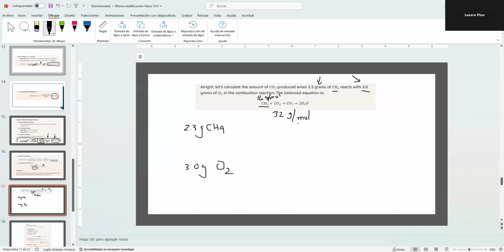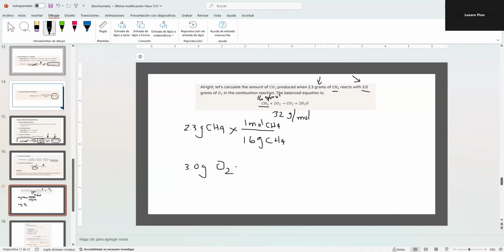Then what you have to do in this case? Well, you say 1 mole of methane is 16 grams of methane.